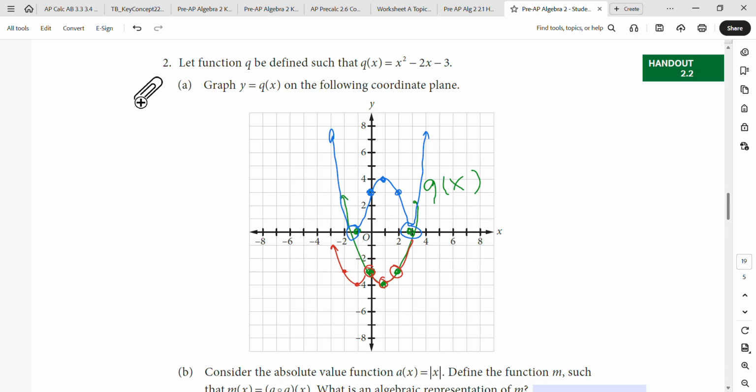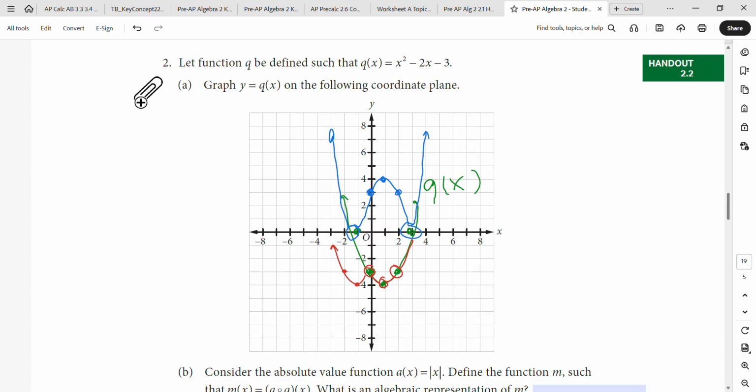So for this one, describe in words the relationship between the graphs of Q and N. Q was the blue, N is the red. It is a reflection over the y-axis, and it's almost like the values from 0 to 2 are repeated on the other side.